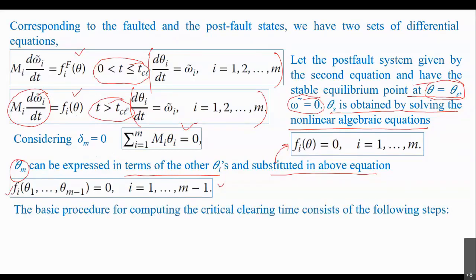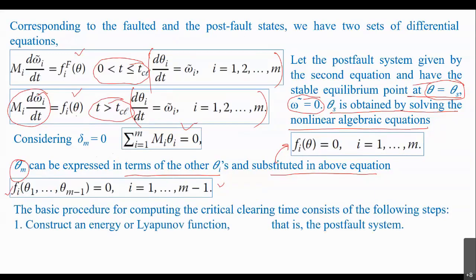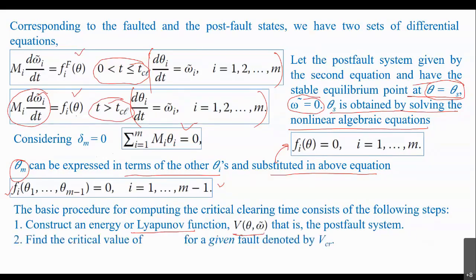So the basic procedure for computing the critical clearing time consists of the following steps. We have 3 steps. First step is to construct an energy function or Lyapunov function that is represented as V of theta omega tilde, for the post fault system, and find the critical value of this energy function for a given fault denoted by VCR.